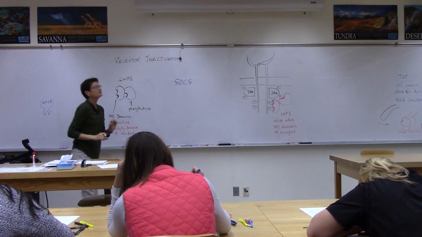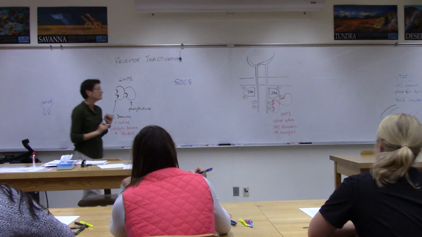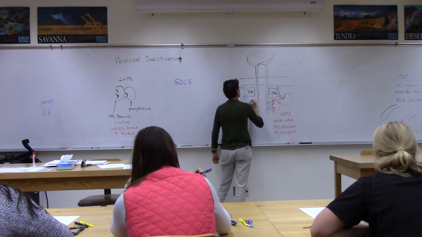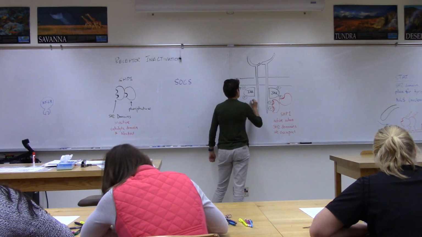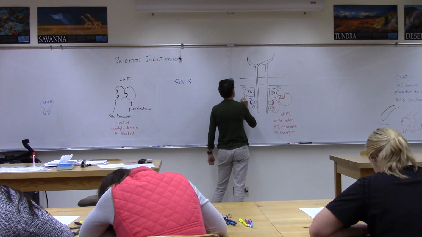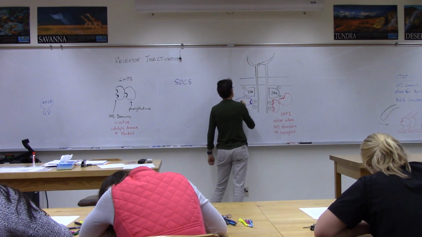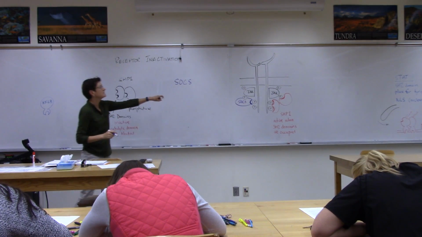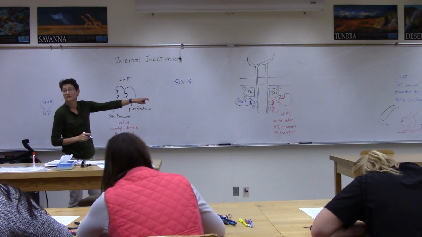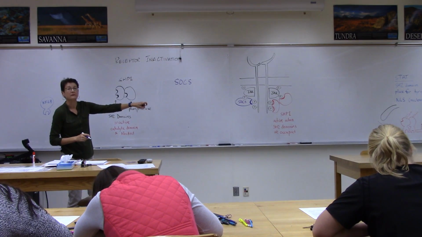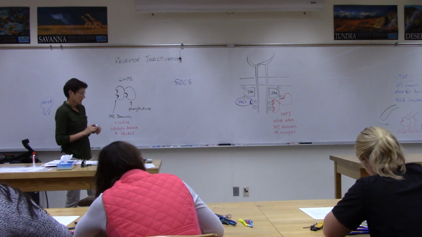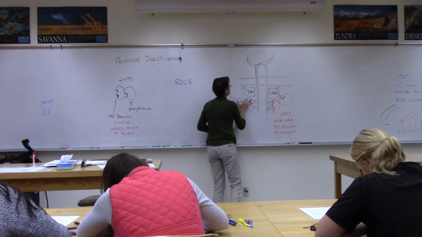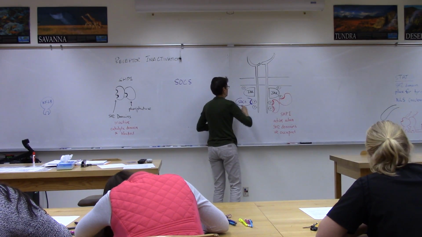SOCS has one SH2 domain to dock it to the protein. It's not bound to that phosphate group, it's just in the way. I will remove the phosphate so you can see that there's no interaction.